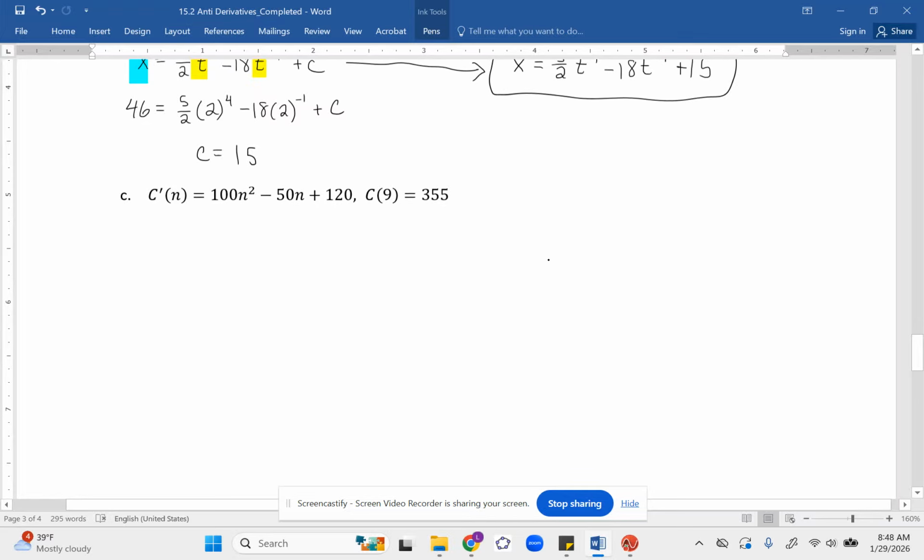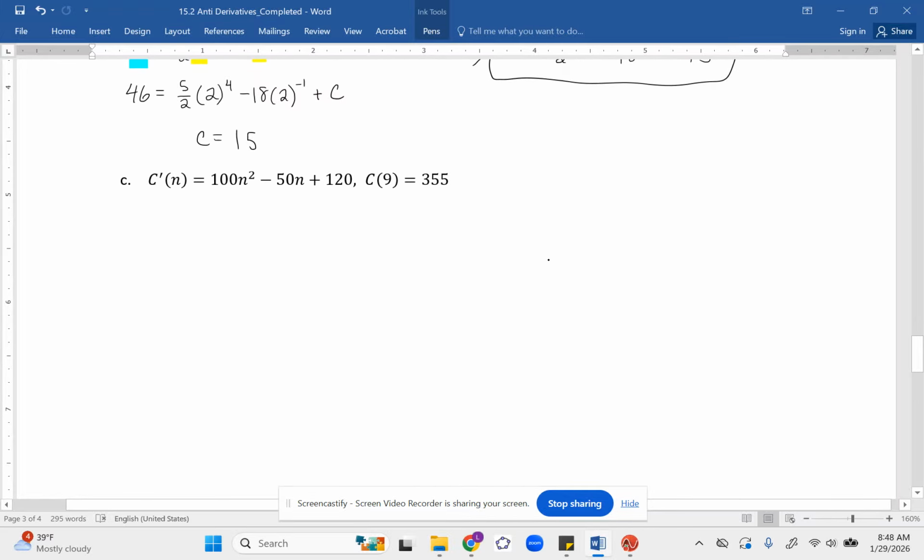And the last question, it looks like a finance one. C here usually represents cost. We have the derivative. I want to go backwards and find regular c. Look here, I'm given the original point that it goes through.